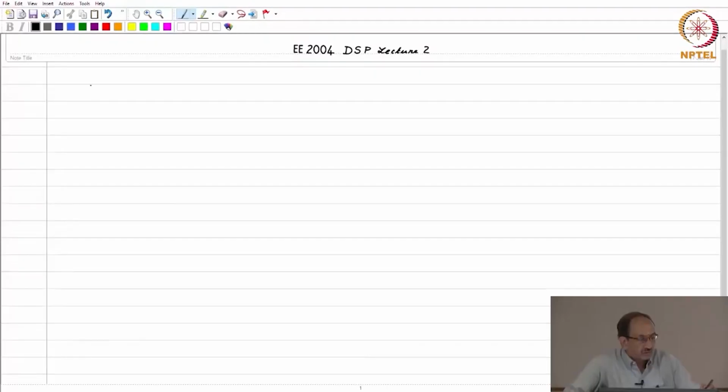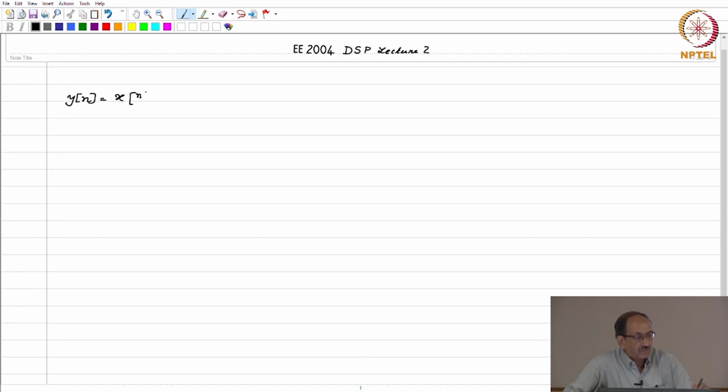And the expansion example that we saw was y of n equals x of n by 2, and again this led to differences, because if you look at n by 2, when n is odd, the sequence at those values is not defined.